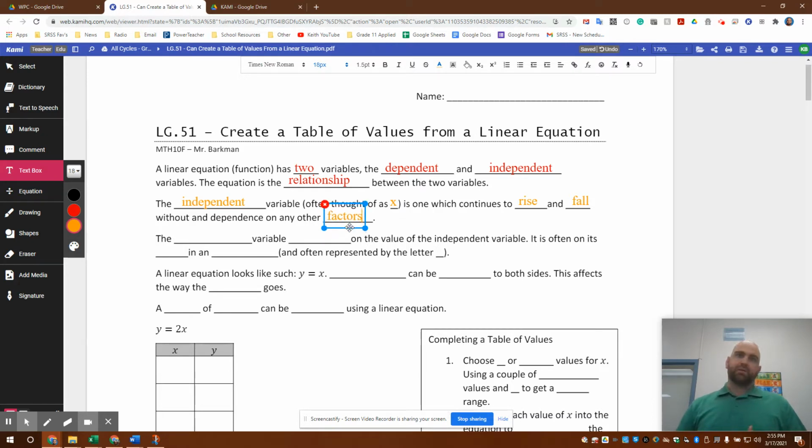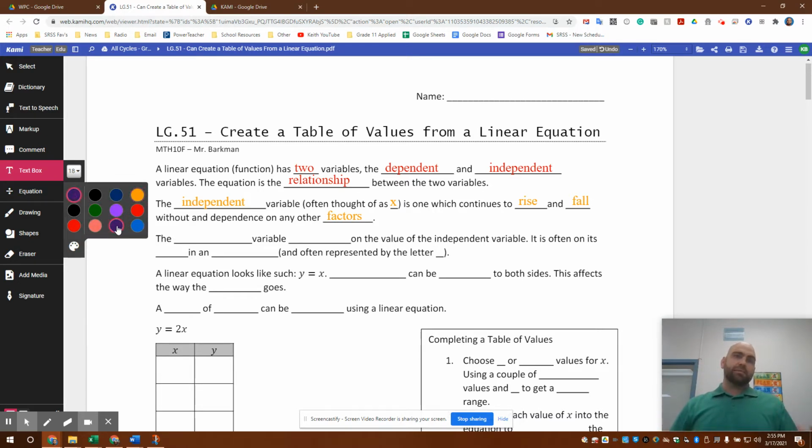And when we talk about factors, we're talking about things that will change things around. The x variable can be kind of like time. It keeps on going and going and going. It doesn't stop. We continue to see it progressing as we go. So that is the independent variable. We're going to consider that to be x.